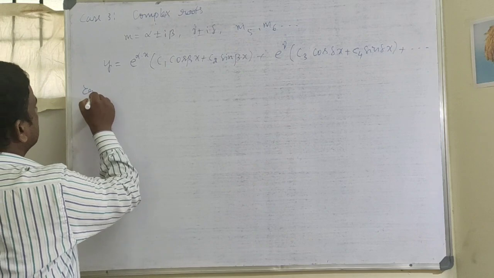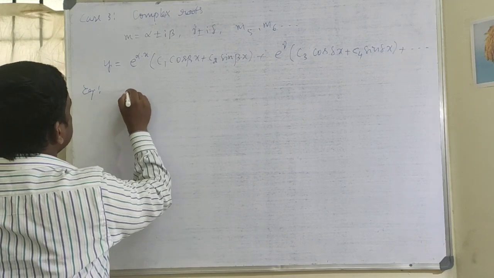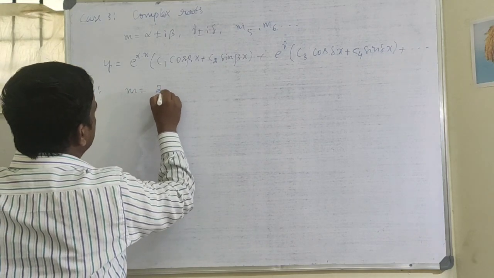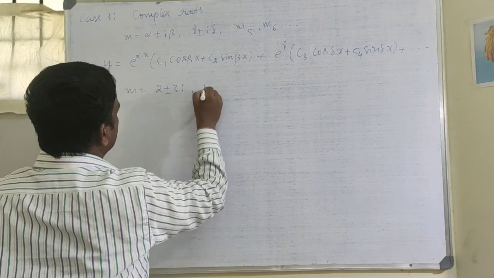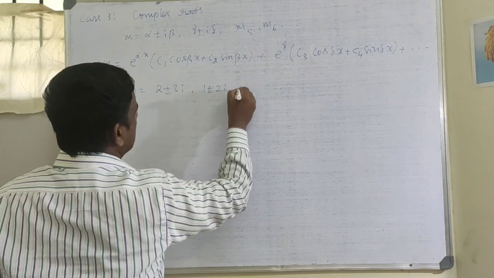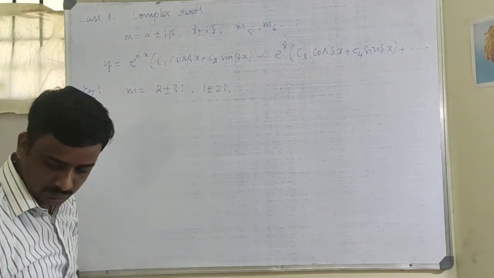Example, suppose m equal to 2 plus or minus 3i, 1 plus or minus 2i and so on, or stop there, no problem.